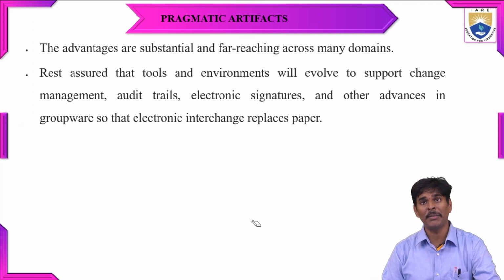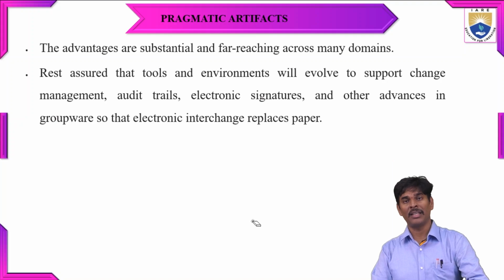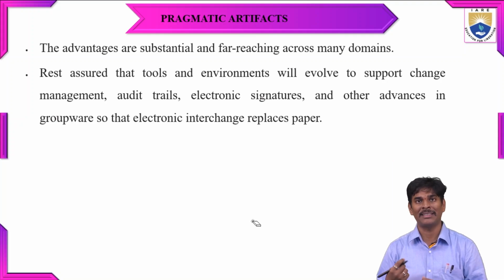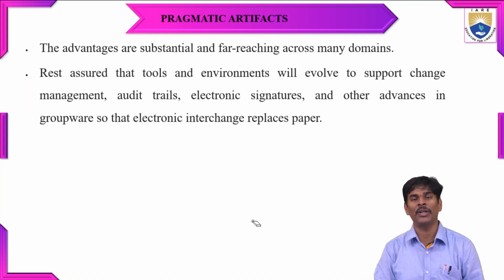Whereas in paper, if any modifications are there, we need to hand over that paper, change the modifications, and again submit to that particular stakeholder, so it will take more time. With electronic, if any modifications happen, we can modify changes online and place electronic digital signatures. So this will be very easy compared to paper.